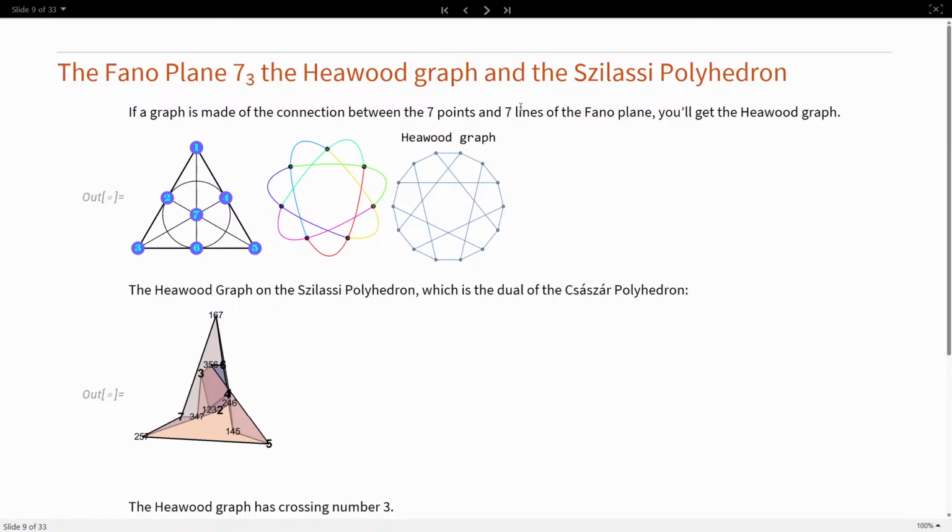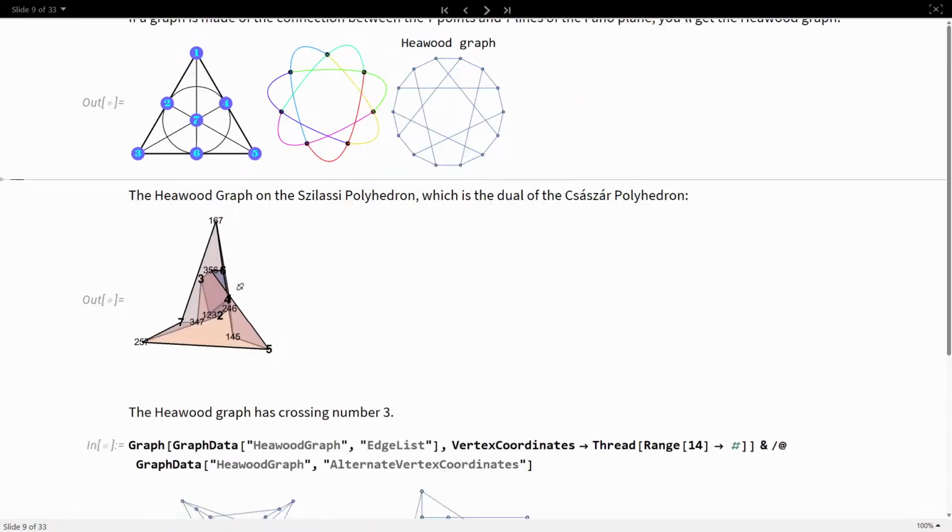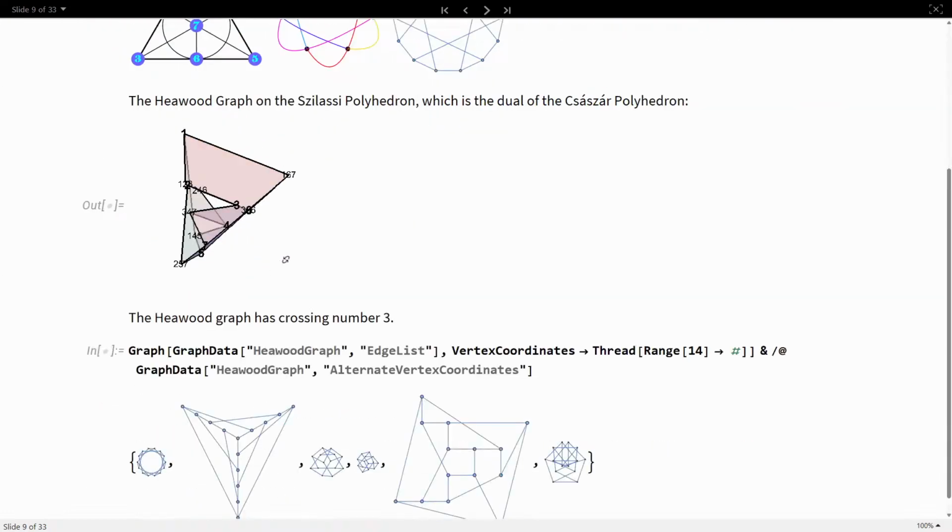If you show how they connect, you get the Heawood graph. And you can actually put the lines of the Fano plane on the vertices and the numbers. For example, 6 is connected to 167, and 167 connects to 1, 6, and 7.